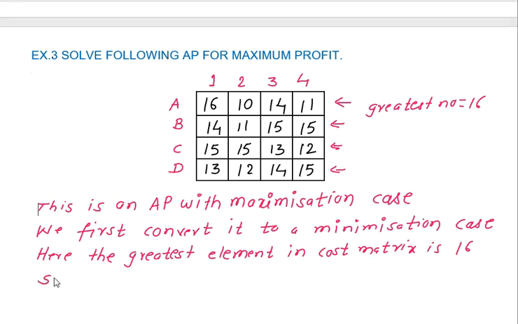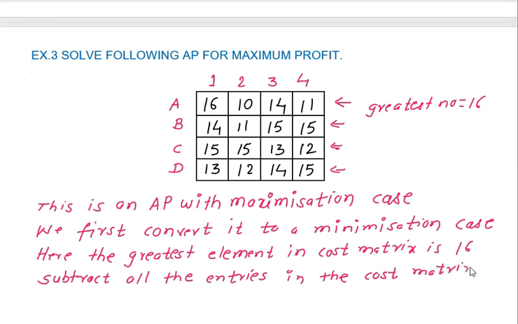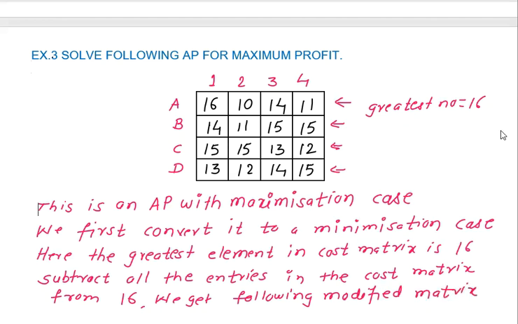To get the modified or revised matrix, subtract all the entries in the cost matrix from the greatest element, 16, on which we apply the usual algorithm.